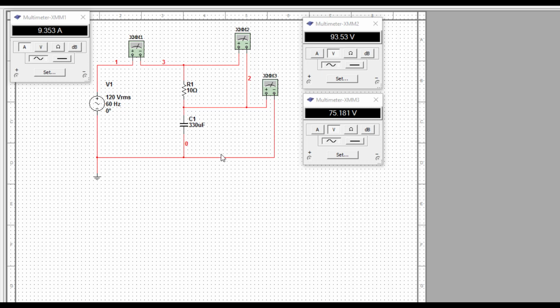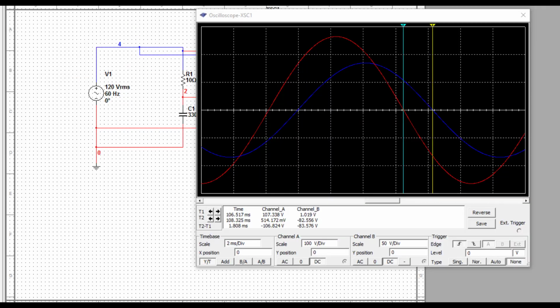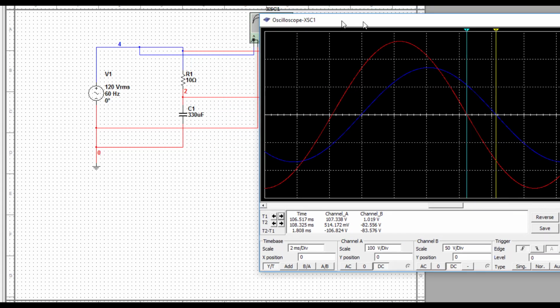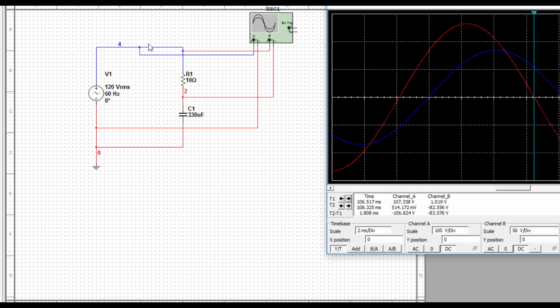So I'm going to now set up the oscilloscope in order to show you the circuit phase angle here. Okay, so here I've got Multisim up, and I've got the oscilloscope connected in order to measure the time delay difference between, for channel A, the source voltage, and for channel B, the resistor voltage.